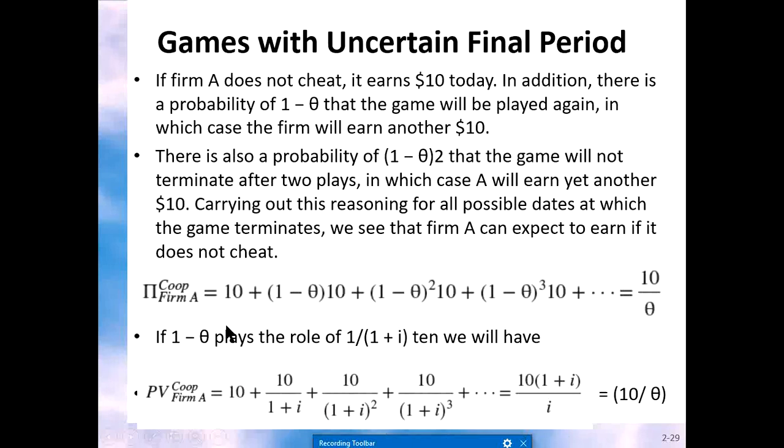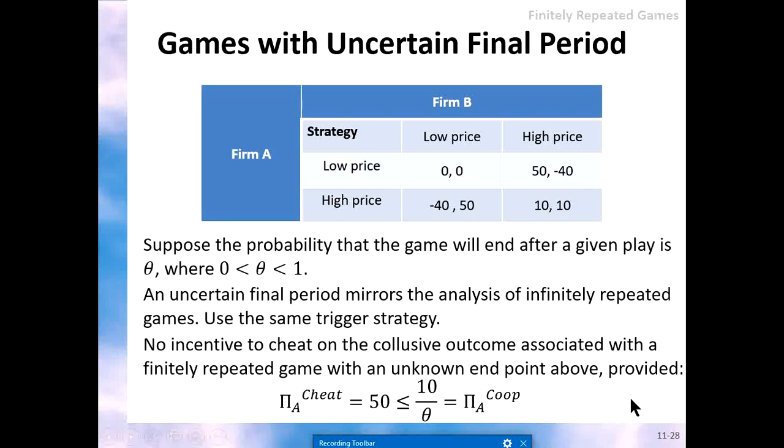If we put this 1 minus theta as 1 divided by 1 plus i, then 10 times 1 divided by 1 plus i, and so on, gives us 10 times 1 plus i divided by i, where i is the interest rate, which equals 10 divided by theta. So this is how we get this formula.